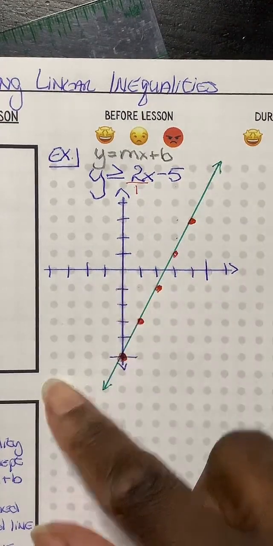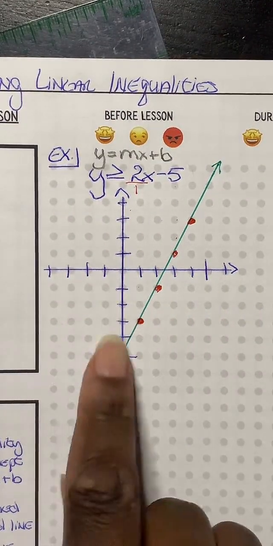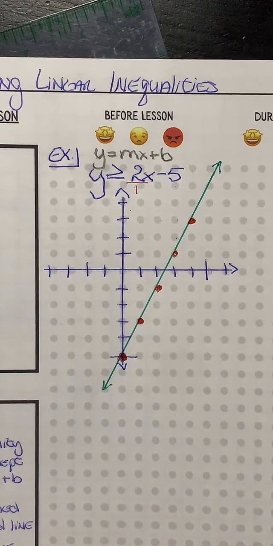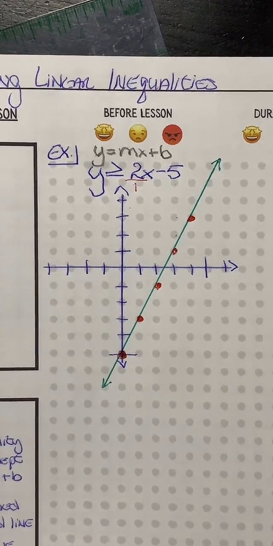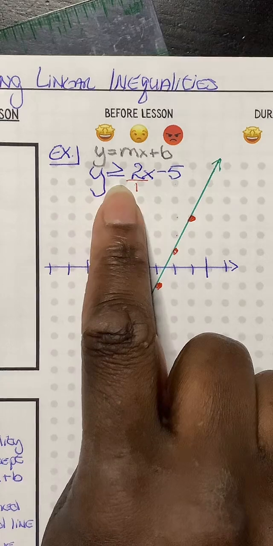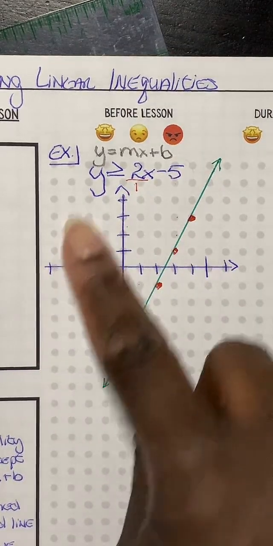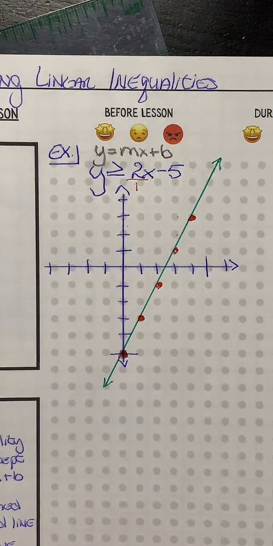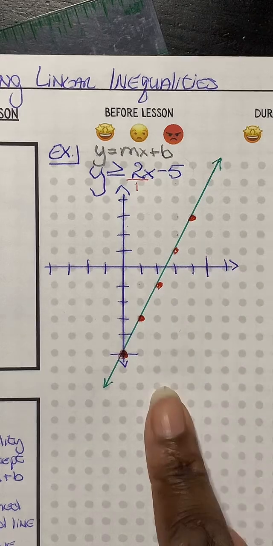So you shade the area, roughly what side of the boundary line is going to give me my true statements. One of the ways is, I like to say, if it is greater than or greater than or equal to, you usually shade the top portion. If it was less than or equal to, you would shade the bottom portion.